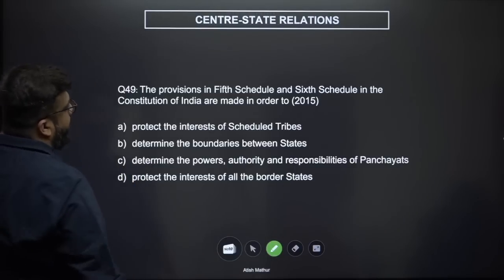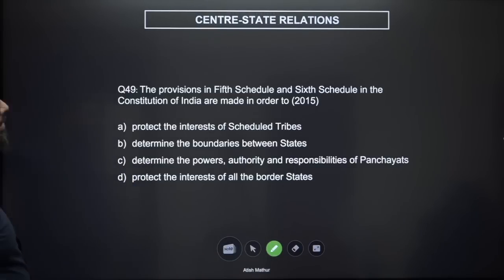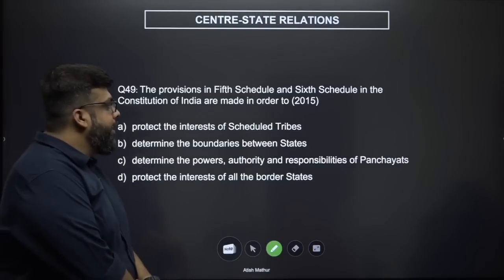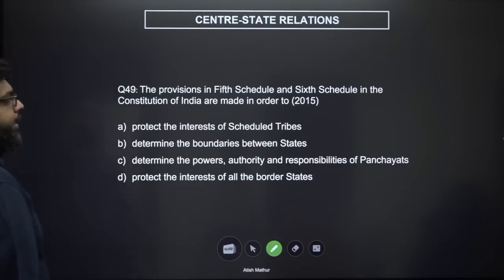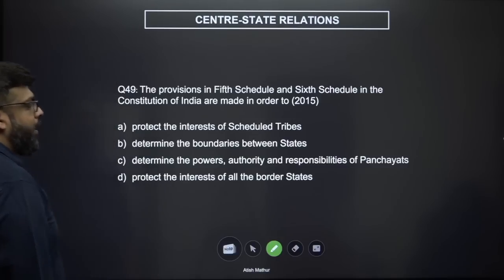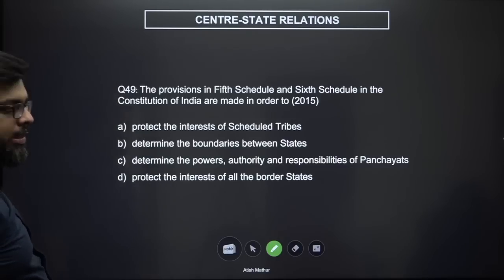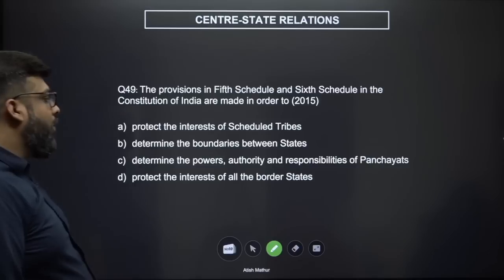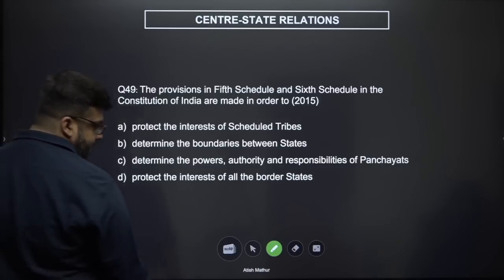Okay. Now 49. Provisions in the 5th and the 6th schedule are made in order to protect the interest of scheduled tribes, determine the boundaries between the states, determine the powers, authority and responsibilities of panchayats, protect the interests of all the border states.